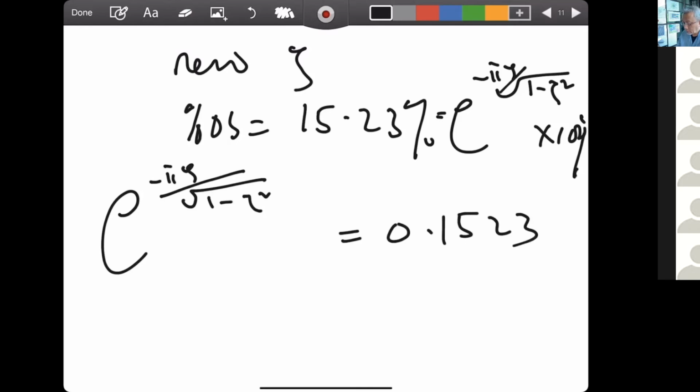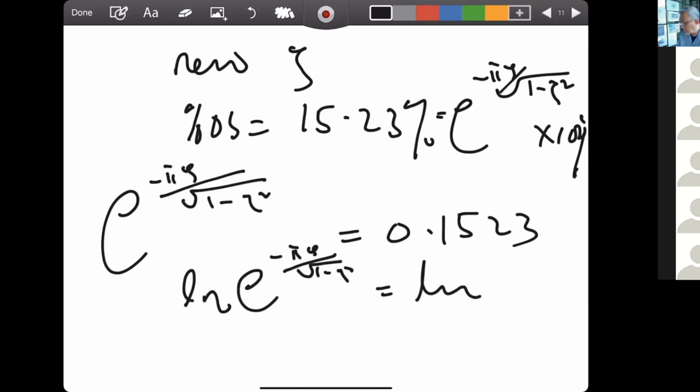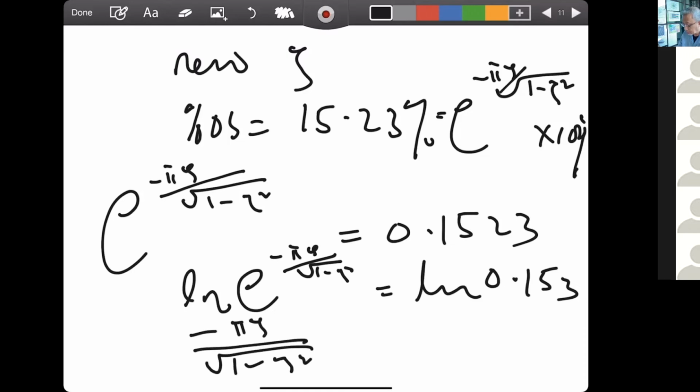Okay, jadi kita ambil ln di sebelah kiri dan di sebelah kanan. Ln 0.153. Berapa? Ln 0.153, 1.877. Negatif, positif?